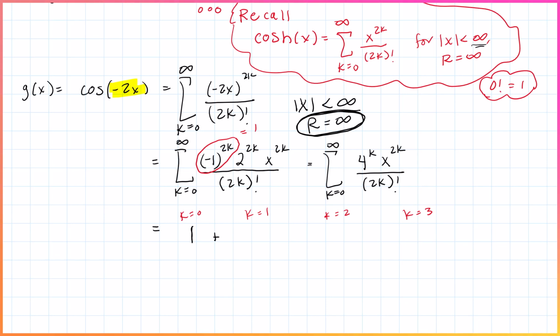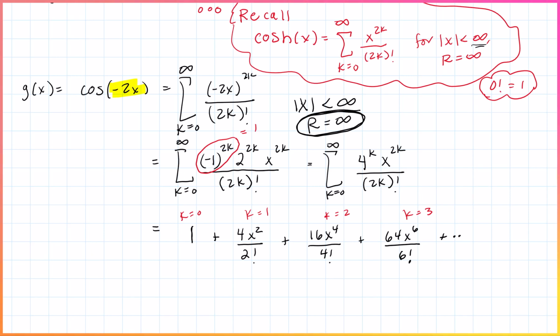The next non-zero term would be 4 times x squared over 2 factorial. And then the next term is going to be 4 squared, so 16x to the 4th over 4 factorial. And then the next term, we're going to get 4 to the 3rd, so that's 64x to the 6th all over 6 factorial.